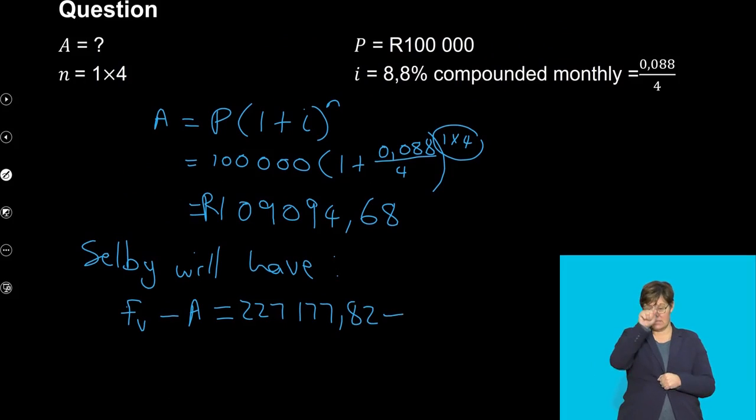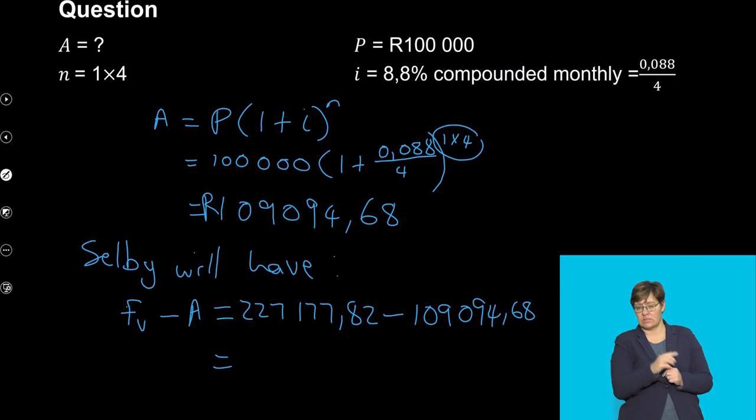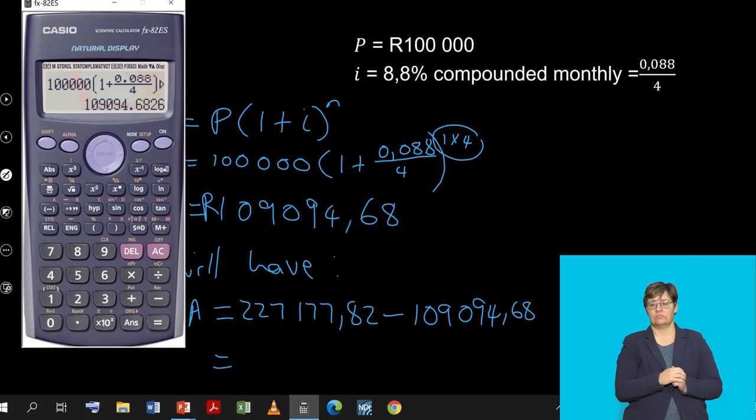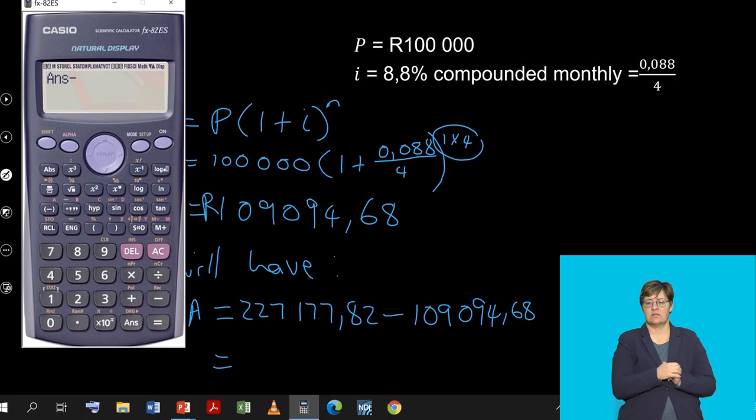Then from there, you're going to subtract the 109,094.68. And then you will find how much that is. And to do that, I will just say minus 227,177.82. It's going to give me a negative.